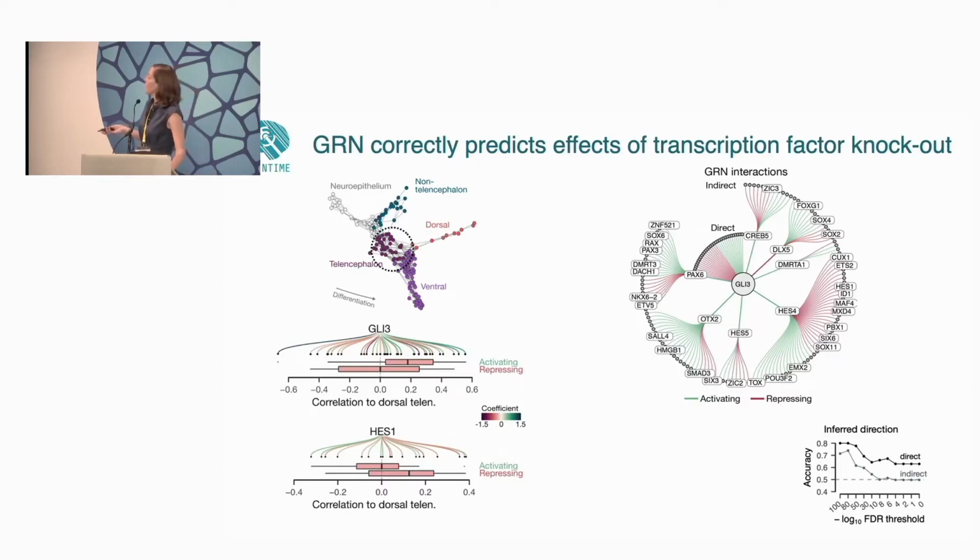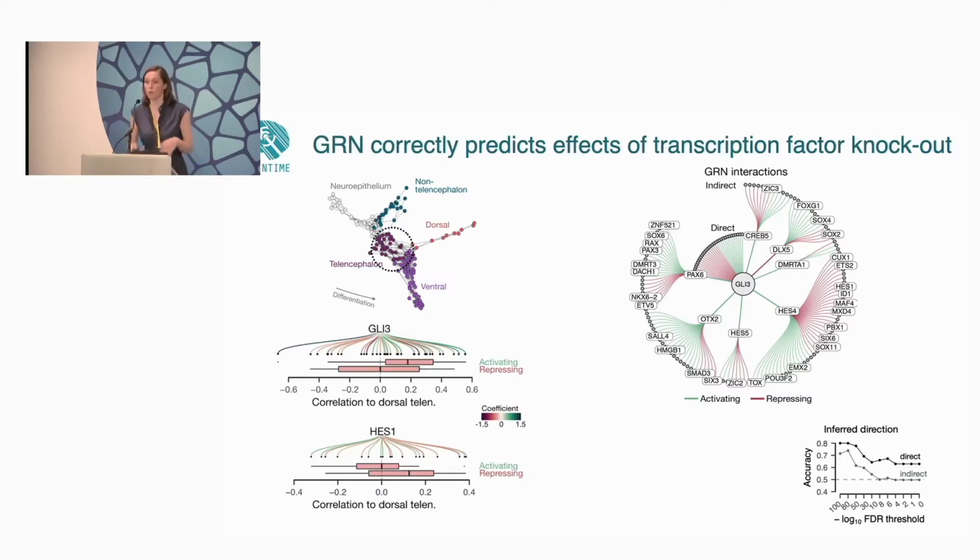And so this is very interesting, and we wanted to go back to the GRN to ask, could we have predicted this? And indeed, when we look at the gene regulatory networks at the decision point where telencephalic cells get restricted to either dorsal or ventral lineage, we can see that GLI3 in that state activates a lot of genes that control cortex development. And when you knock it out, you don't get cortex, which is what you would expect as predicted by the GRN.